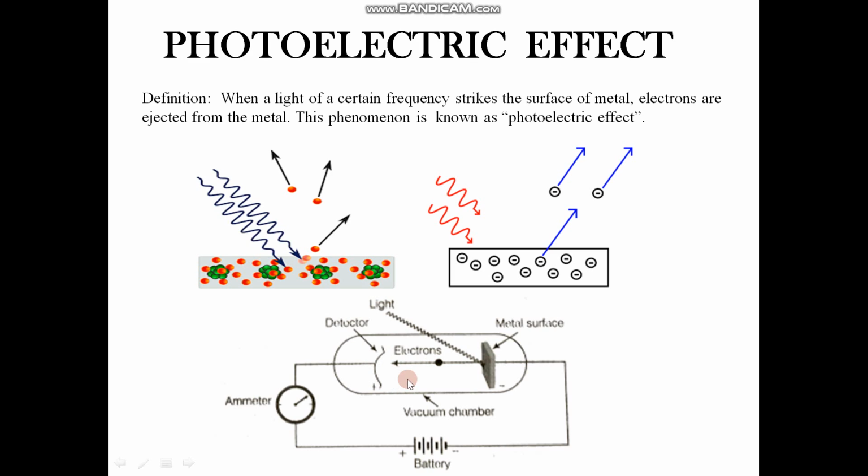One more thing: the minimum frequency of incident light required to eject electrons from the metal surface is known as the threshold frequency.